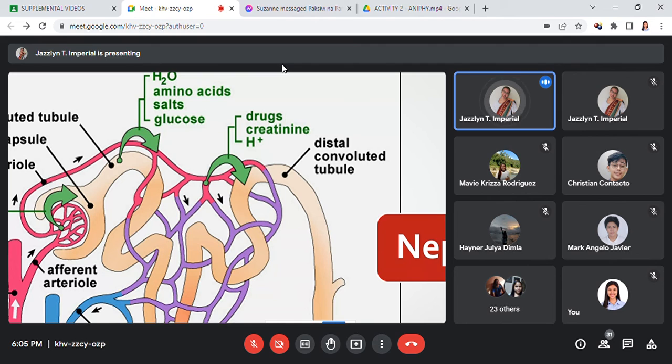So parang through diffusion, pwede siya, class, na padaanin sa membrane ng distal convoluted tubule yung mga toxins. So drugs, creatinine, and hydrogen ions. O, minsan din, halimbawa, may imbalance kayo sa pH. So, kailangan ibalik or ayusin yung pH level. Then, from the blood, hydrogen ions will be diffused into your distal convoluted tubule or to your nephron to balance out or to maintain homeostasis.